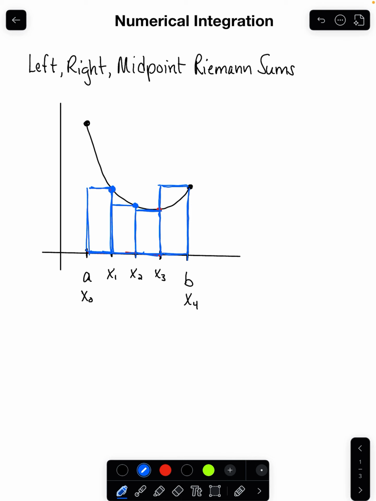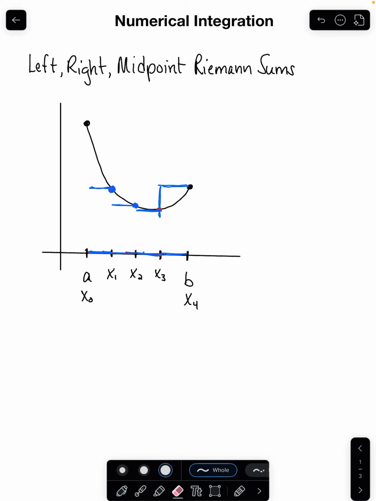So we actually get kind of the opposite effect of the left endpoint. When the left endpoint rectangle would overestimate, the right endpoint rectangle would tend to underestimate, and vice versa. Again, there are very rare circumstances where we may find that the left and right endpoint rectangles kind of balance out. But for the most part, one of them will overestimate while the other underestimates.